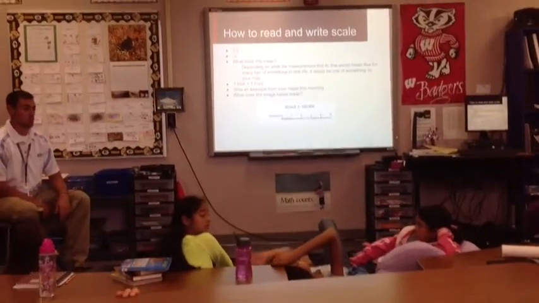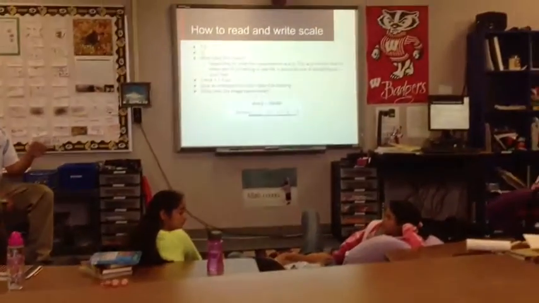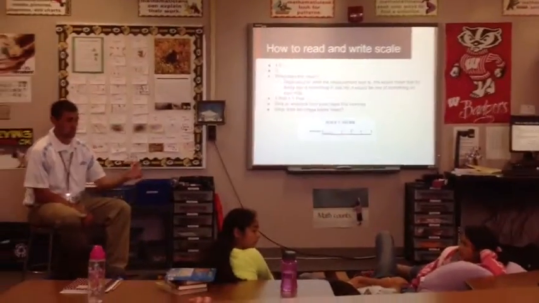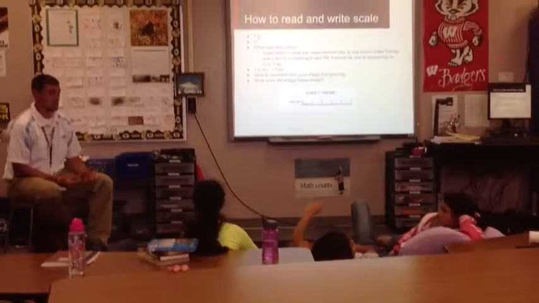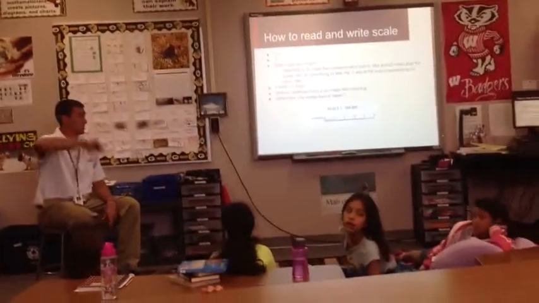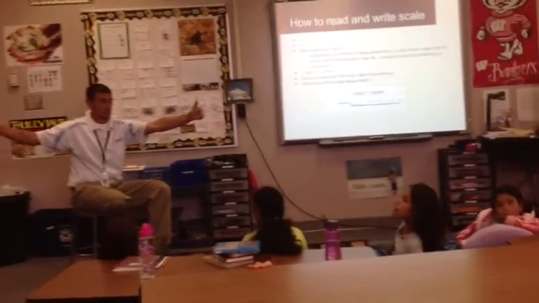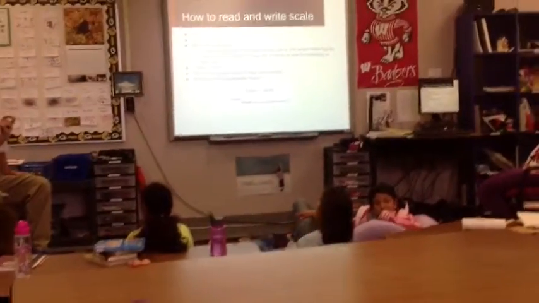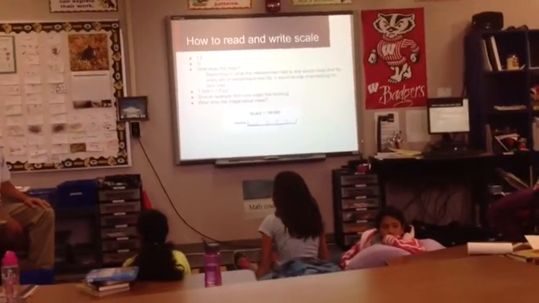Think about scale. If my map of the playground has 1 foot, what does that equal? 2 of what? 2 centimeters. Could be 2 centimeters. So maybe the playground is 1 large area, whereas your little map has 2 centimeters. Okay, that's correct.